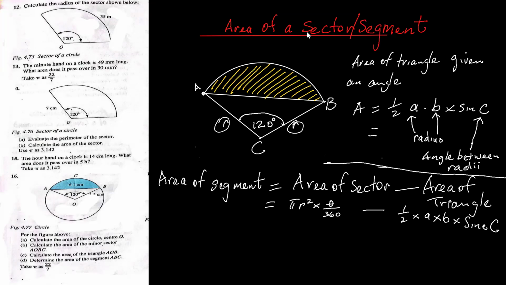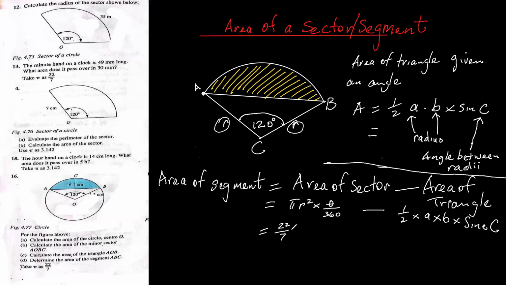Notice part A, they asked me to find the area of the circle. Then they asked me to find the area of the sector, which is pi r squared by theta on 360. Let's use pi as 22 over 7.